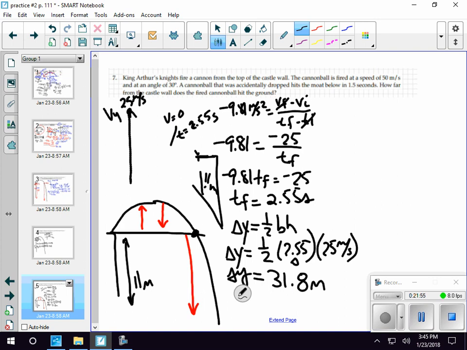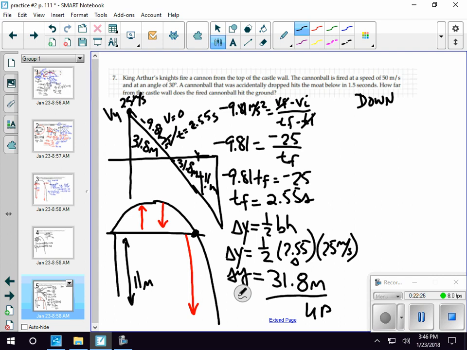All right, so I started up here and I went on my way down, right? So think about it. This is now 31.8 meters. Here's my negative 9.81 meters per second squared, like I had before. But now down here, I have 31.8 meters. Well, technically it's negative, and so is this one. This is a negative 11, right? This is on the way up. On the way down, delta y equals negative 31.8 meters plus negative 11 meters.